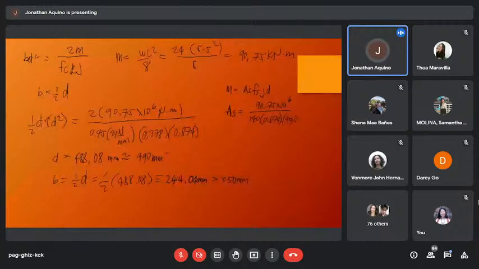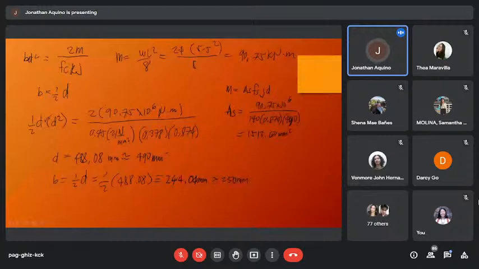So AS is 90.75 times 10 to the 6 divided by 140 times 0.874 times 490. So AS is 1,513.6 millimeter squared. So we have now AS, B, and D.